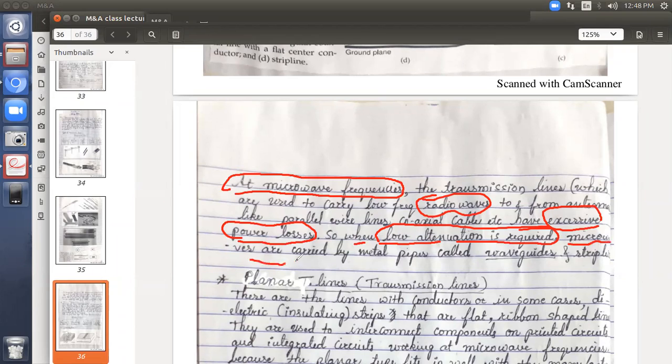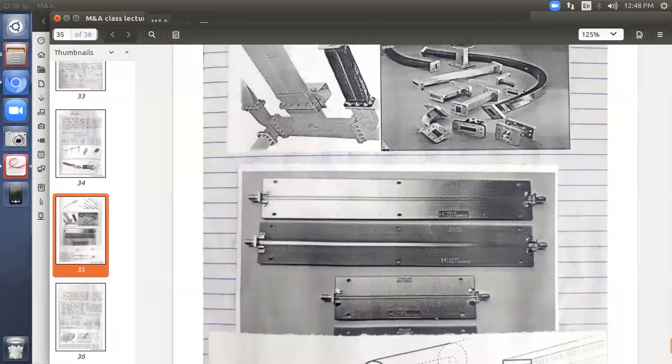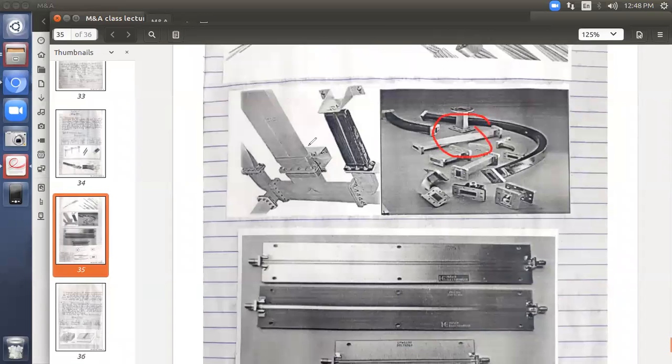The microwaves are carried by these metal pipes. They are called waveguides and strip lines. I have shown you the figures. These are the waveguides and these are the strip lines. In order to minimize the excessive power loss and achieve lower attenuation, we go for these structures.